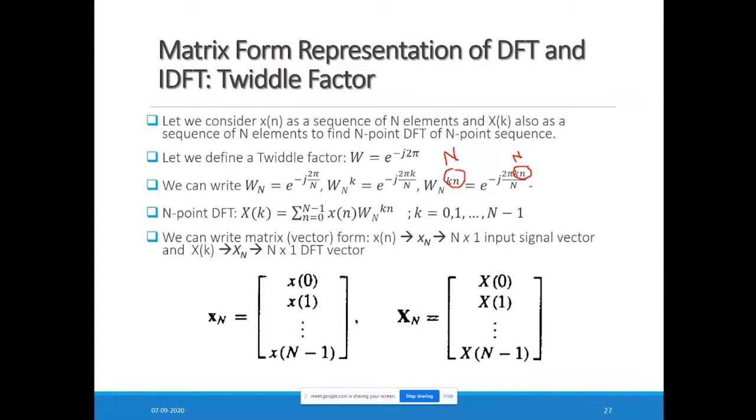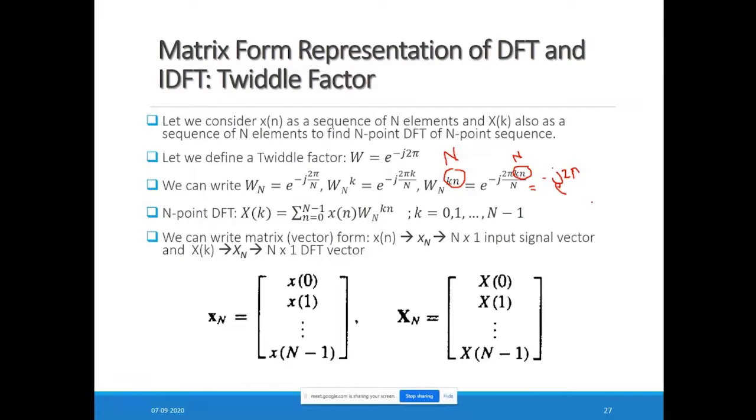So now the remaining term is e raised to minus j 2 pi, which is a complex term. If we expand this, we get cos 2 pi minus j sin 2 pi.